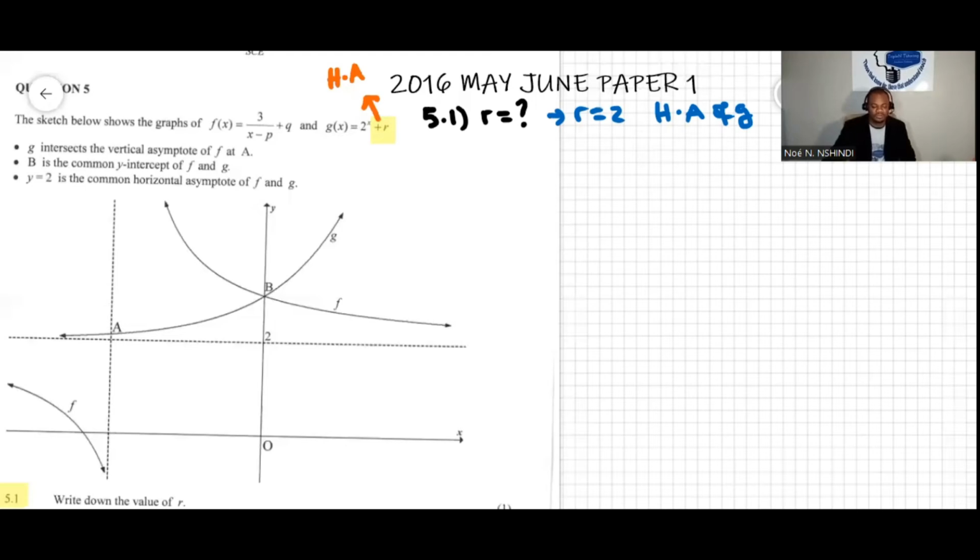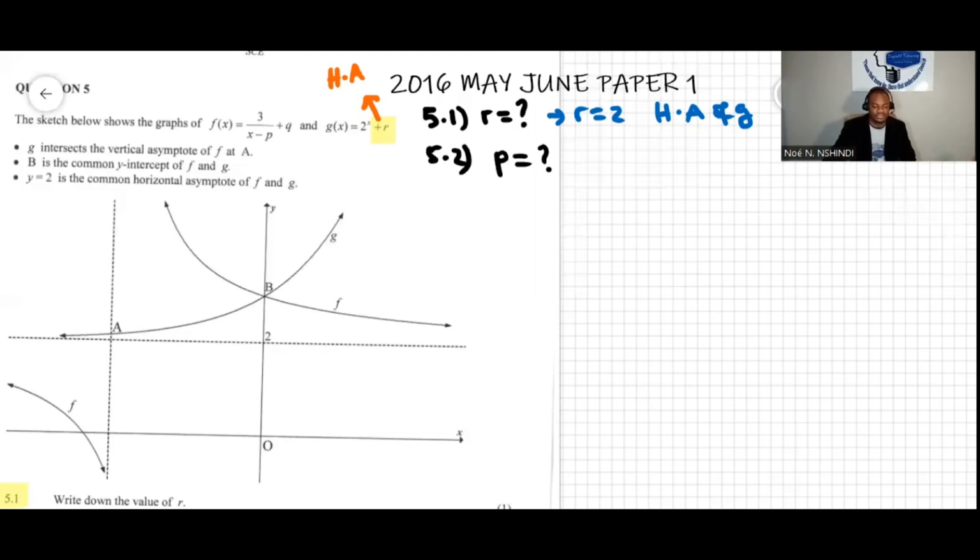Now, question 5.2, the question says determine the value of p. Now, I'm going to write here p. If you look in the question, p is there in f of x. So f of x is a hyperbola, and we know that p stands for the vertical asymptote and q for the horizontal asymptote.